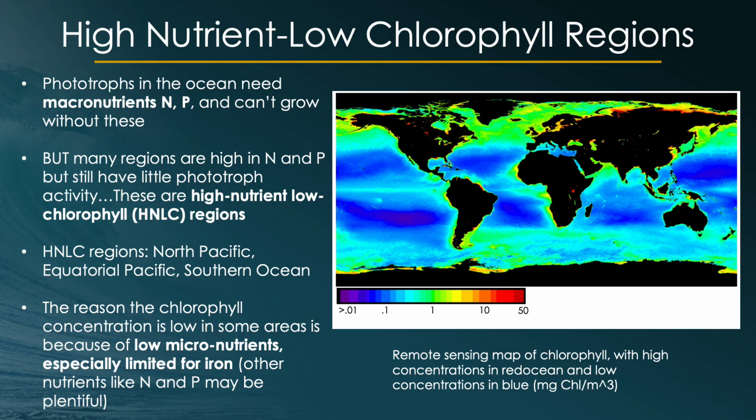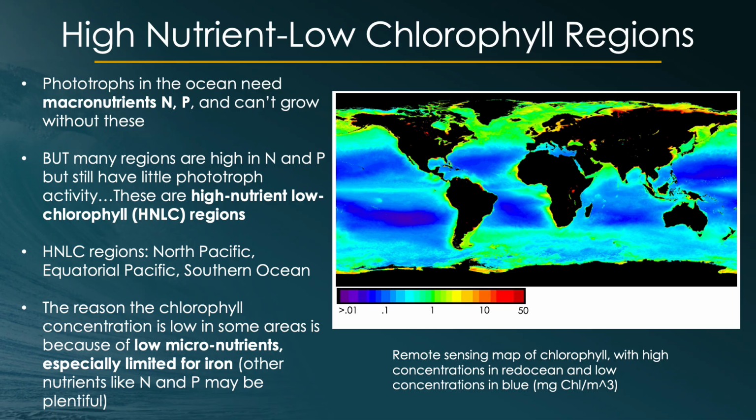There are some places on Earth where there's lots of phosphorus and nitrogen, so that would be good for growing conditions, but they're limited in the micronutrients, so there's not enough iron or whatever. Even though in some sense resources are abundant, biology still can't grow. Those are the high nutrient, low chlorophyll regions. They're high in nutrients because they're high in N and P, and they're low chlorophyll because nothing's really growing, so there's no chlorophyll in the water.